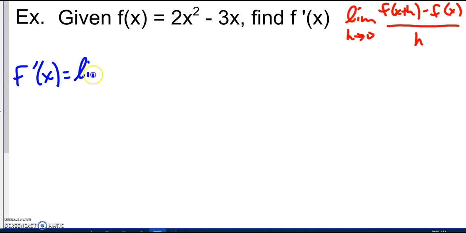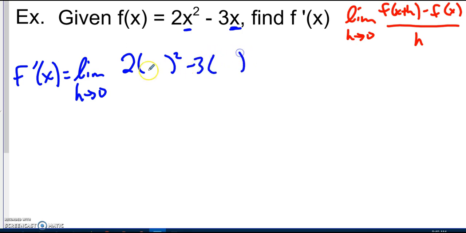So I have the limit as h approaches 0. Now I'm going to find x plus h. That is going to be plugged into wherever I see an x in my original function. So I have 2 times x squared minus 3x. Again, notice I put parentheses there representing what I'm going to plug in for x. Well, what plugs in for x?